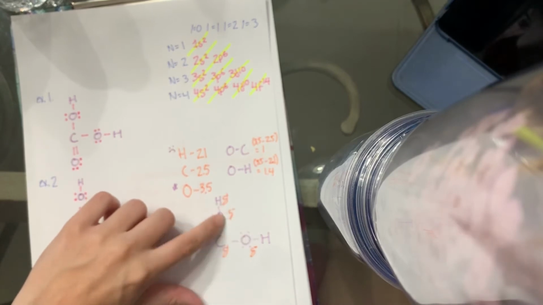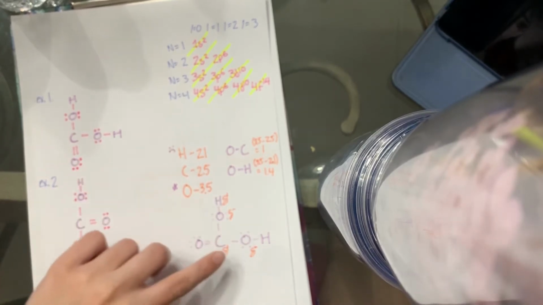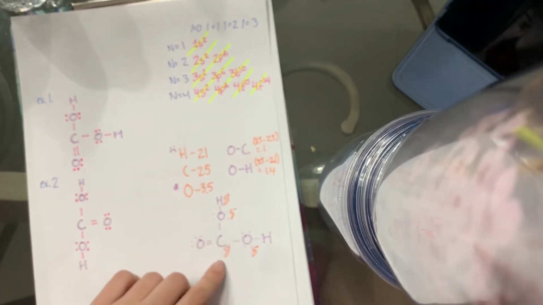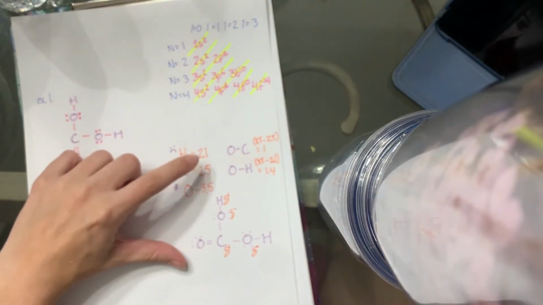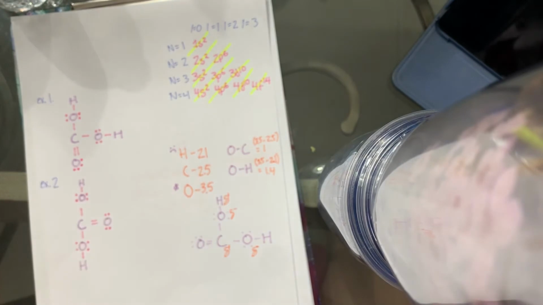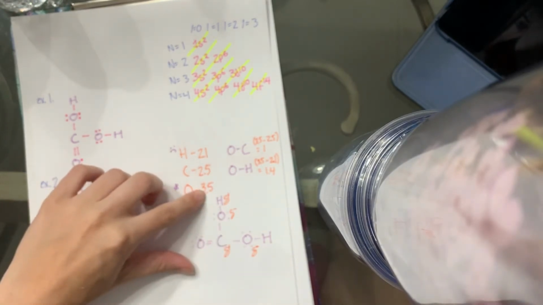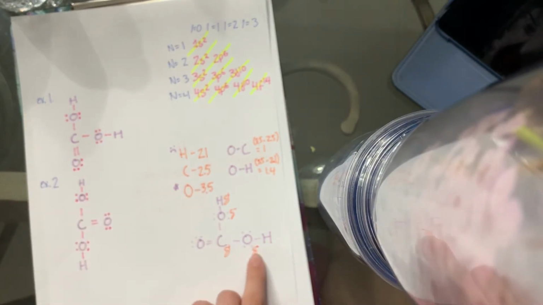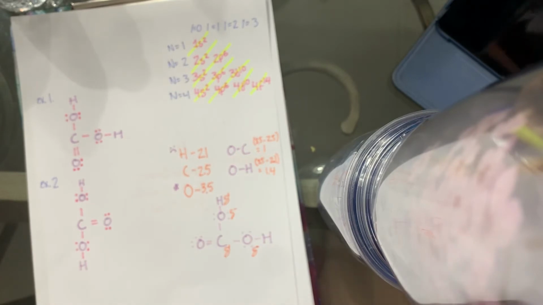So it gets the negative and hydrogen gets the plus. Then down here, the oxygen is more electronegative than the carbon, so it gets the minus as well. So that's a little look at the polar bonds we have going on here.